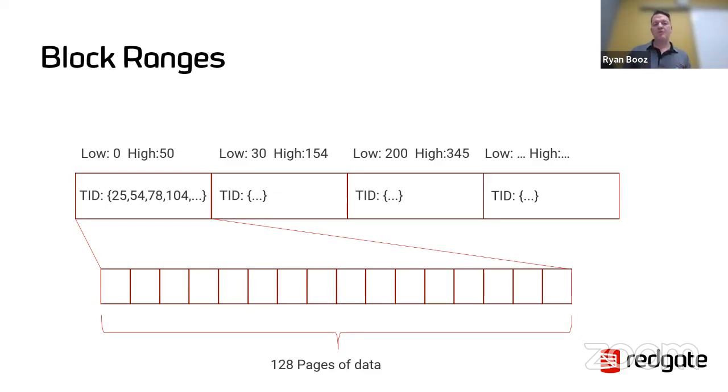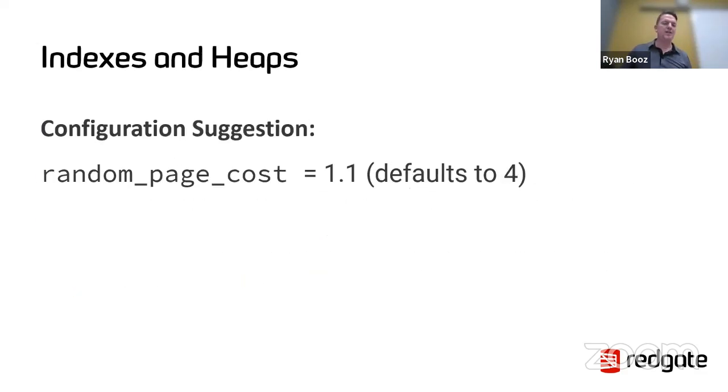So there are times where you might read more pages than necessary, but it's still going to recheck every row coming off those pages to find the values that are needed. This is something that's been improved over and over as new versions of Postgres have come out. It is one small thing to be aware of, and that's why block range indexes are most valuable for incrementing data that is not going to change frequently. But it's just a little nuance, something you need to know.